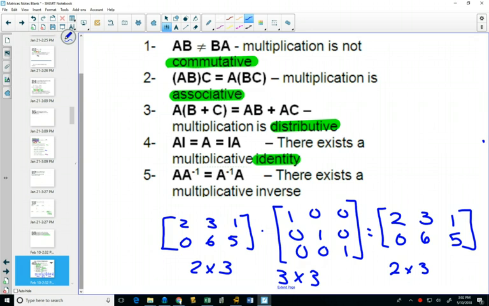Well, how can your matrix equal 1? When we talk about 1 with matrices, they're identity matrices. So if you multiply something by its inverse, everything cancels out and you get a 1. And whether you multiply an inverse in the front or an inverse in the back, you get the same answer.